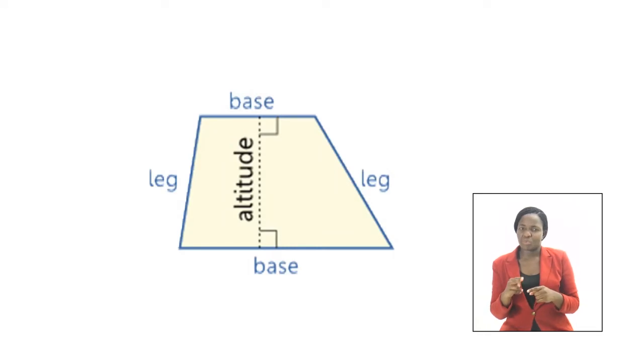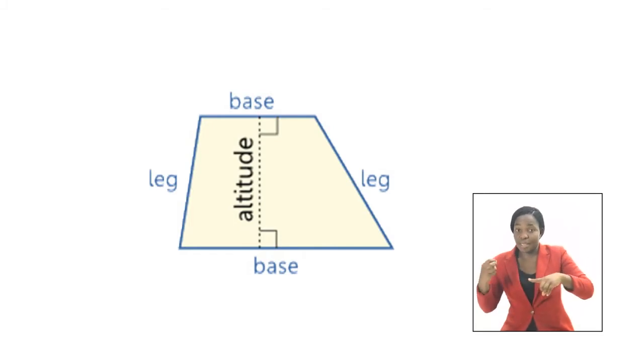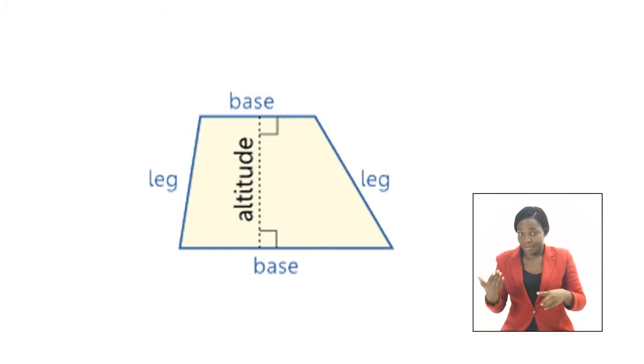The parallel sides are called the bases, and the other 2 sides are the legs of the trapezium. The distance at right angles between one base and the other can be called the altitude. So, what was known as the height of the parallelogram at a right angle to the base can also be called the altitude. It's the same as height.